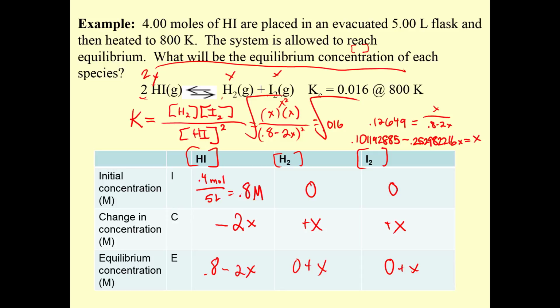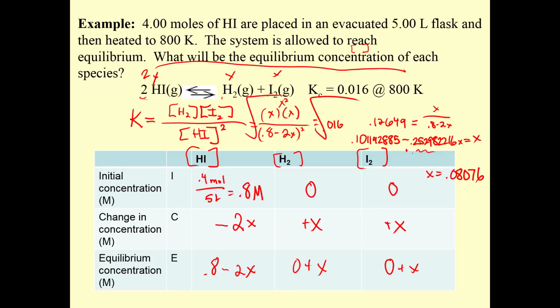All right, so now I've got to get x's on the same side. So I've got to add 0.2529 and so on. And so I'm going to get x equal to 0.08076. All right. That's what x equals.